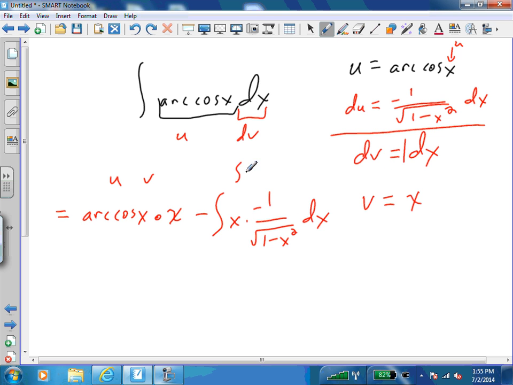So that's the integral of v du. You'll see where all that came from. This is our u. We just used our formula to get du. That's dv, then the integral of that is v. So when we plug into our integration by parts formula, if that's u and dv, then u times v minus the integral of v times du.